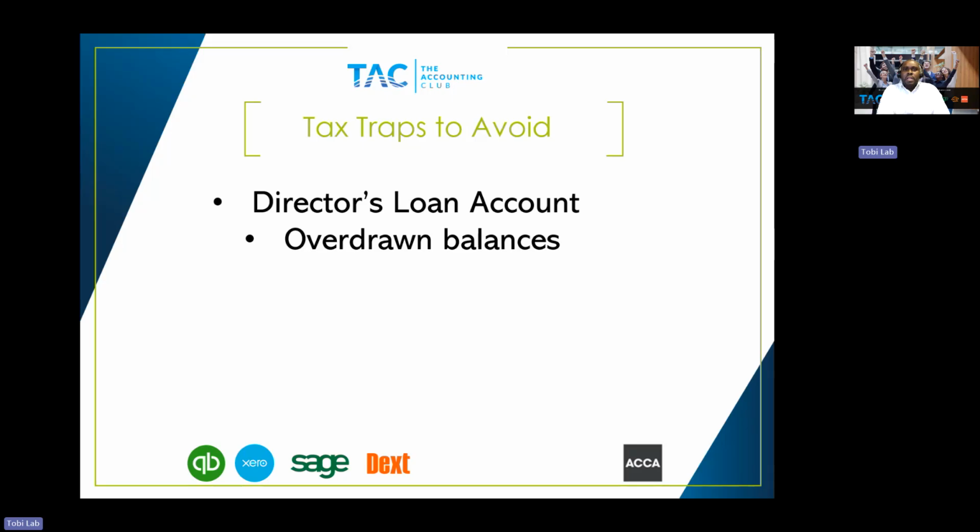If your financial year end is, let's say, 31st December, you want to make sure that the balance on your director's loan is no more than £10,000. Where it is £10,000 or more, your company will pay corporation tax on the balance at 33.75%.